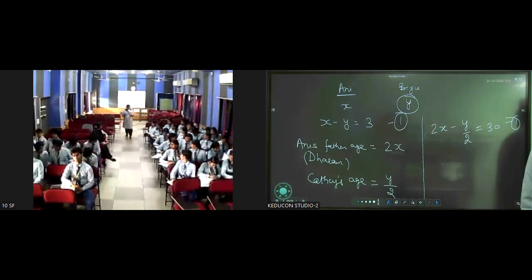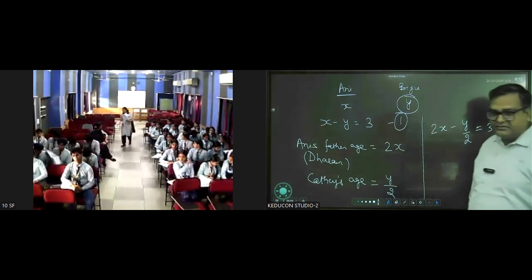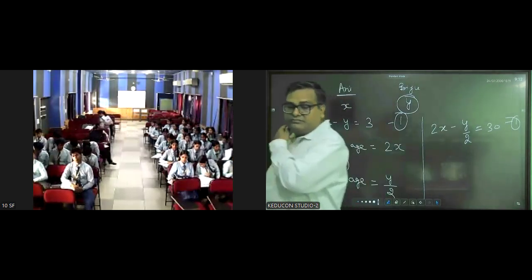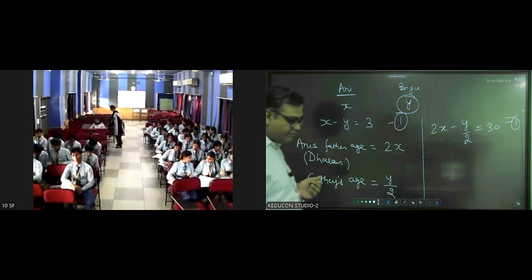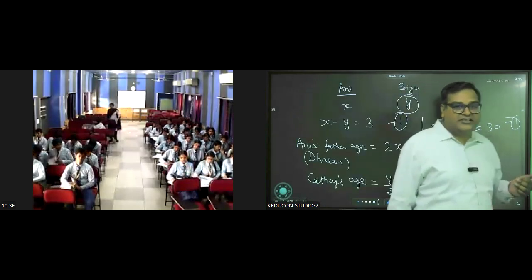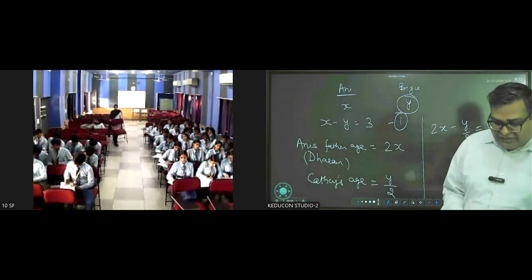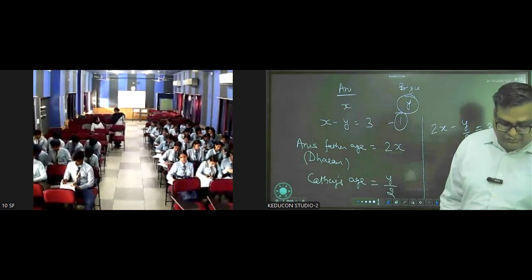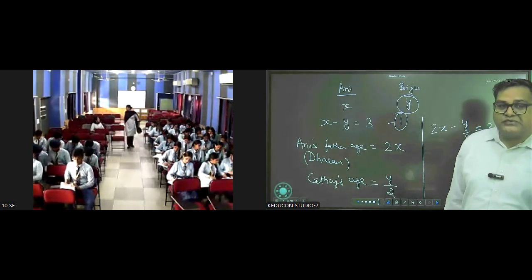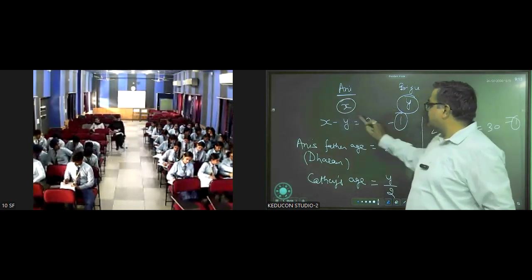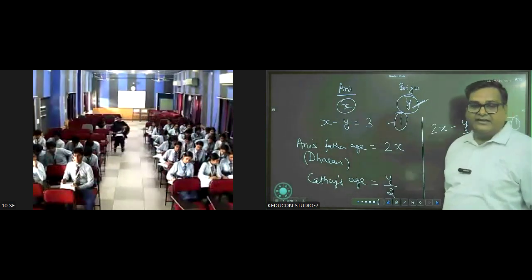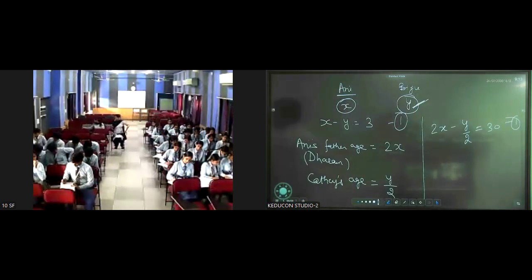Students, have you got the two linear equations? Yes or no? Can you solve these two equations, children? What you have to find out? Find the ages of Ani and Biju. So we were supposed to find the ages of Ani and Biju. So we have assumed Ani's age as X and Biju's age as Y. Please solve these two equations, children.